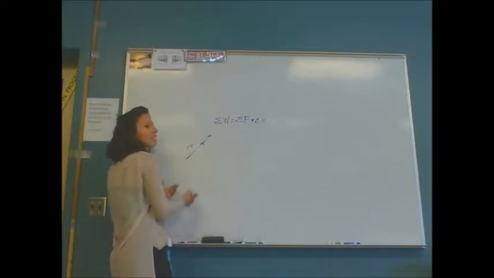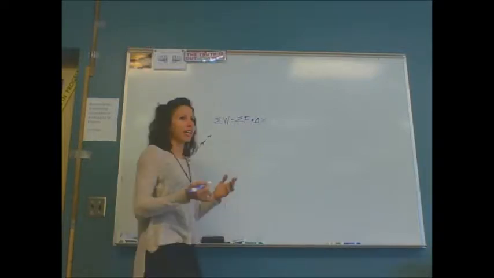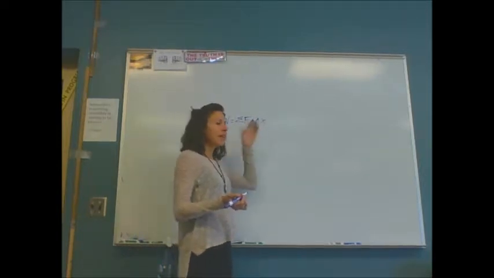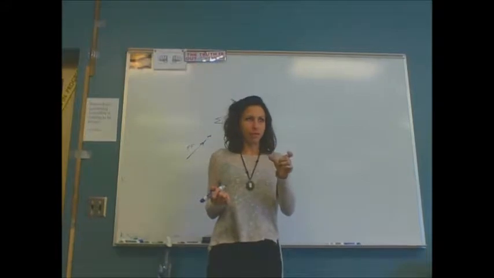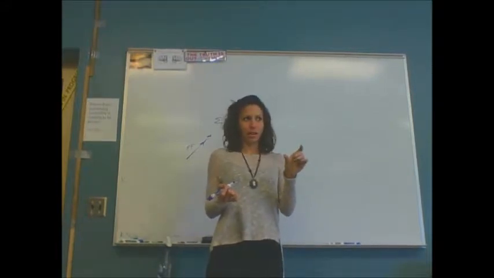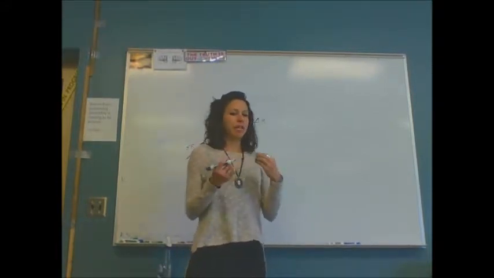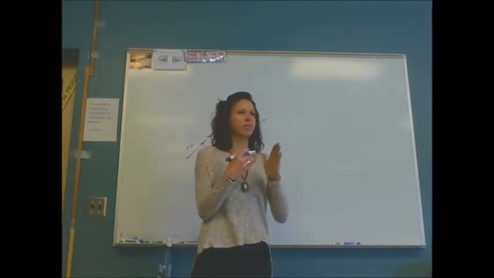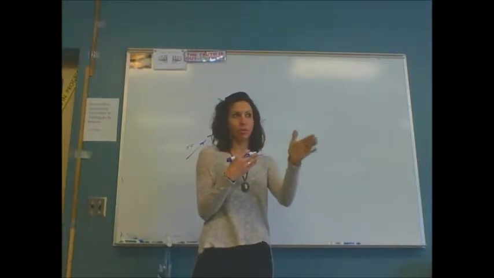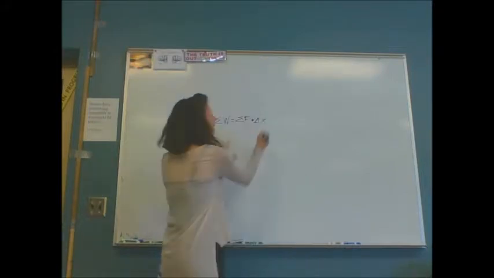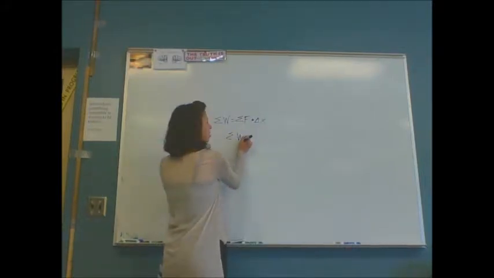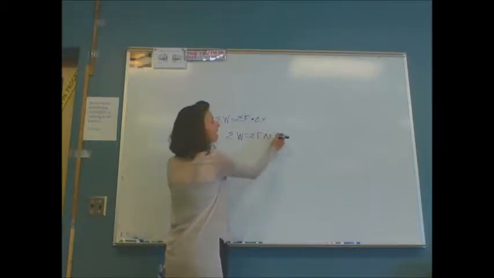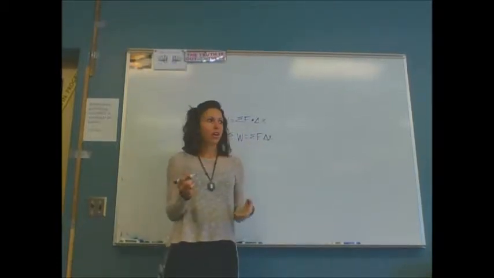So when I do this dot product, net force dotted with my displacement, it's either going to be cosine of 0 or cosine of 180. In this case, because I'm starting from rest and then I'm starting to move, it's got to be 0 degrees because the force is helping me to move forward. So this work equation is equal to net force times displacement times cosine of 0 degrees, which is 1.